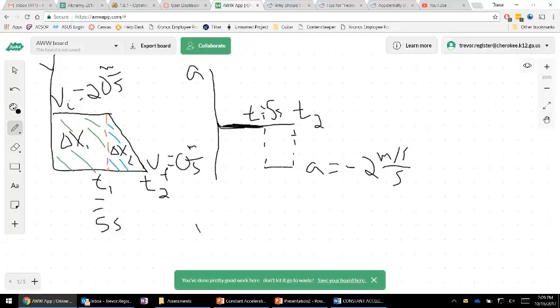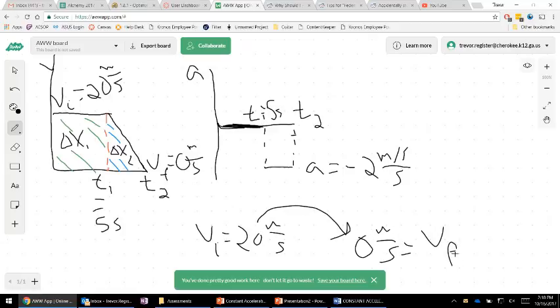So the car goes from 20 meters per second, and then its velocity changes to 0 meters per second. And so that change there from 20 to 0, that's my delta V. That's the jump from initial to final.